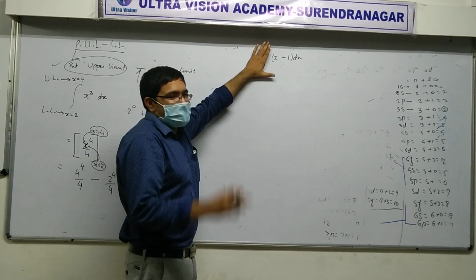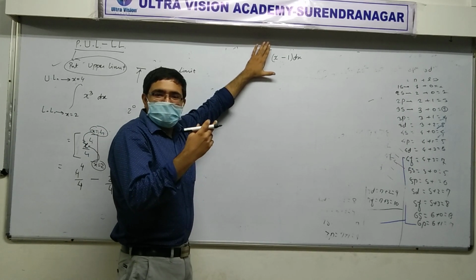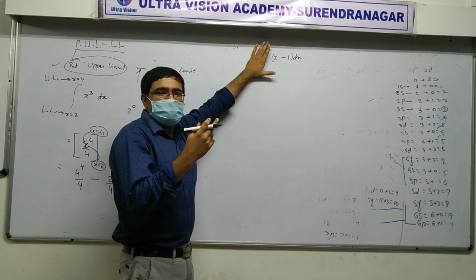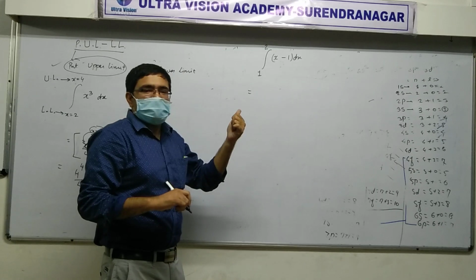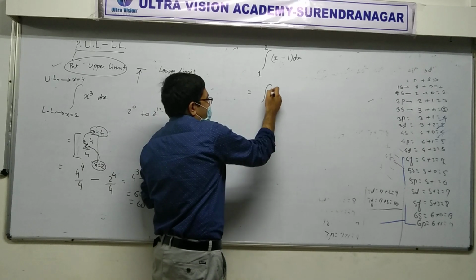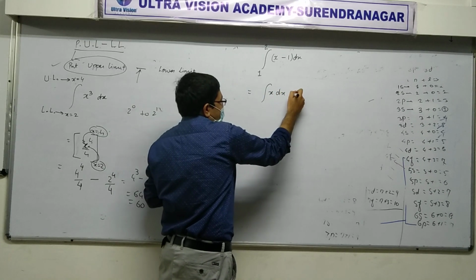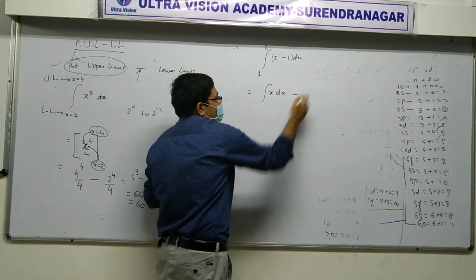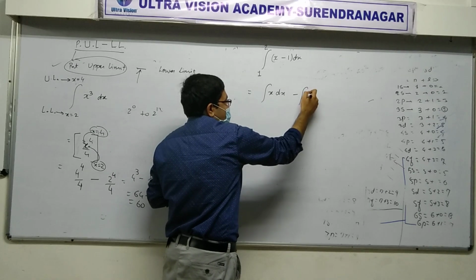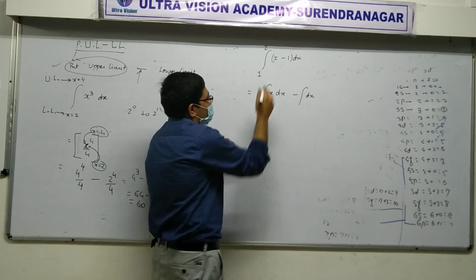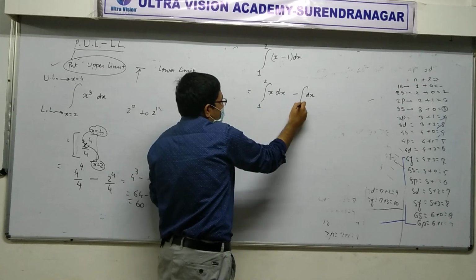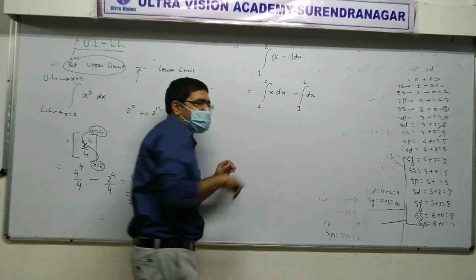What are the rules? What should I do here? Addition, subtraction. So what should I write? Integration of x dx minus integration of 1 dx, or only dx. Now there are limits, so please don't forget to write the limits, 1 to 2.